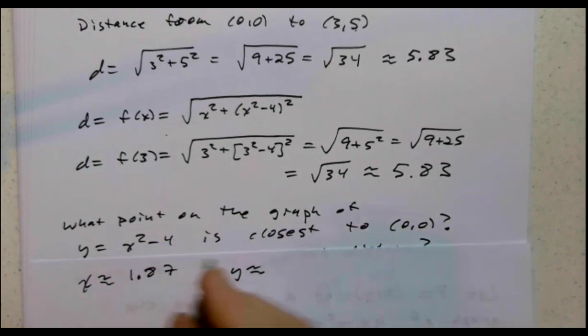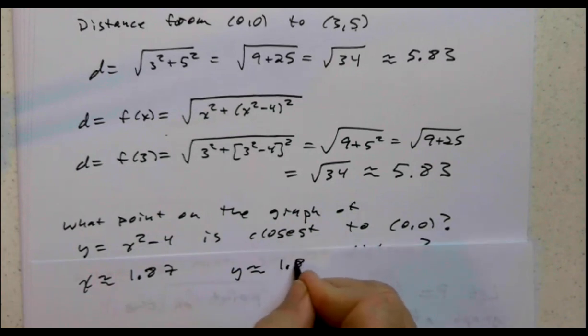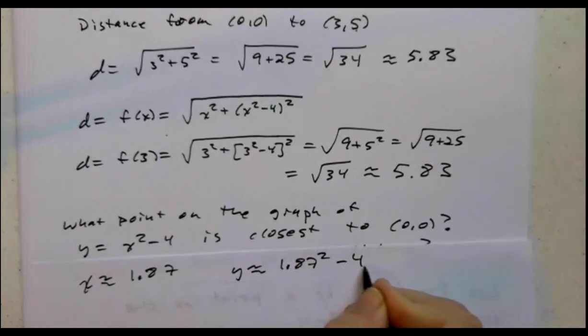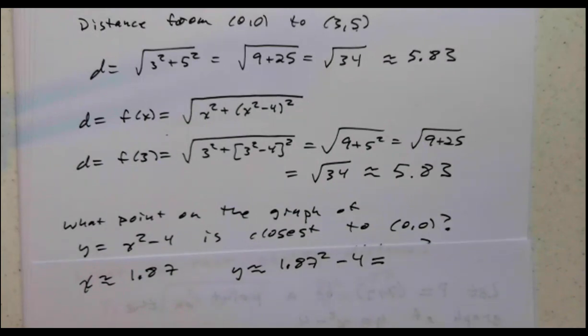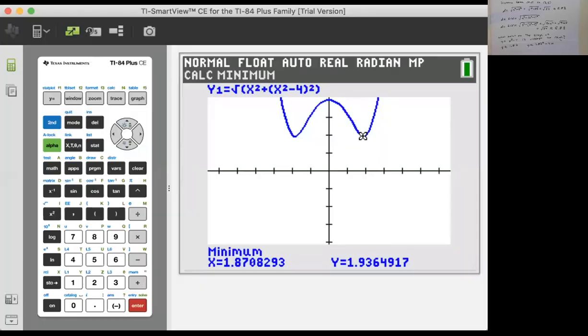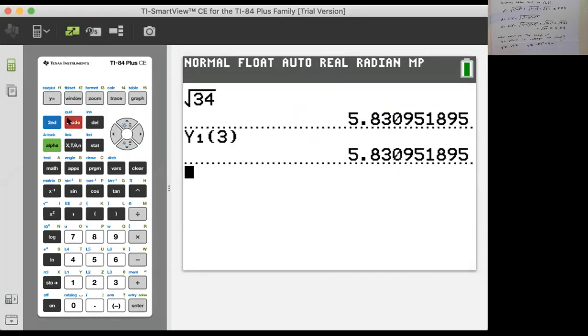Now it's on the parabola, so that's 1.87 squared minus 4. So let's jump to the calculator and see what we get. 1.87 squared minus 4 approximately.